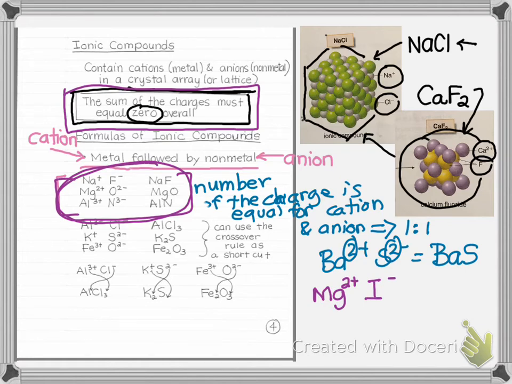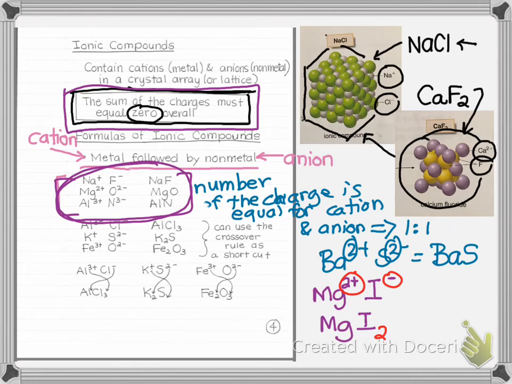So to get the formula, for magnesium, I look up here and I see iodine has a 1, so I would just need 1, so you don't write a charge. For the iodine, I would look right here at the 2, and so iodine needs 2.